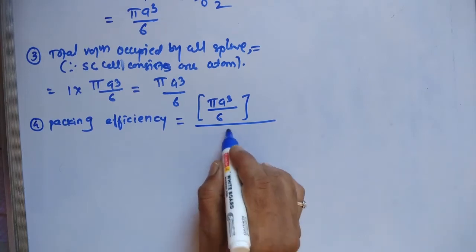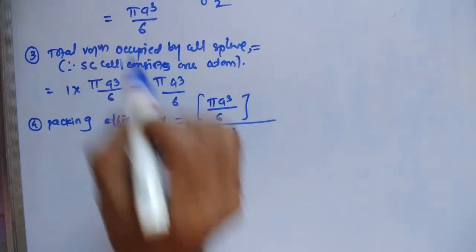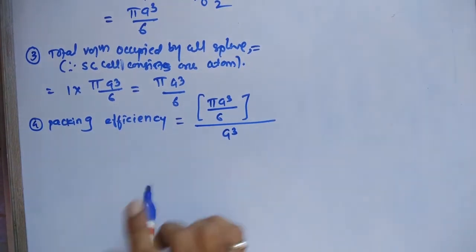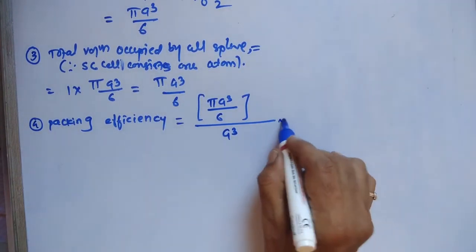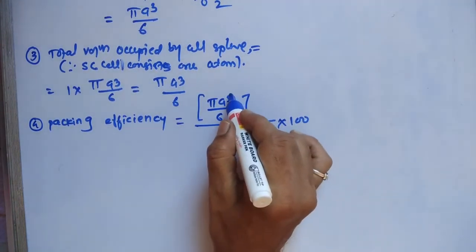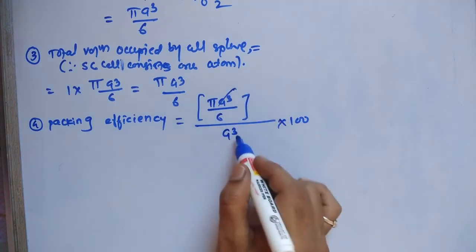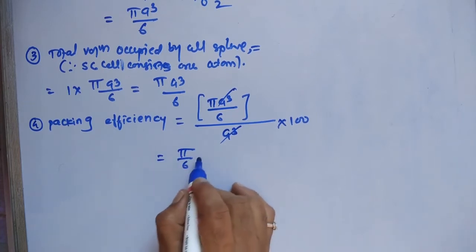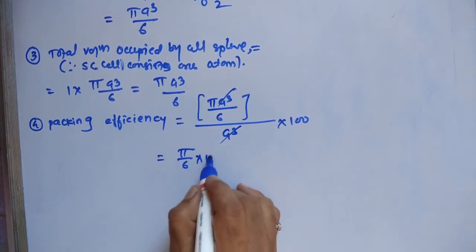What is volume of cube? That is a cube. As the edge length of the cube is a, that's why its volume is a cube into 100. Okay, now see this a cube gets cancelled with this a cube, so what is left? That is pi upon 6 into 100.